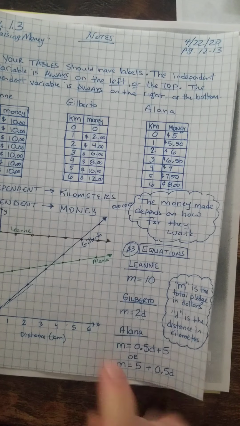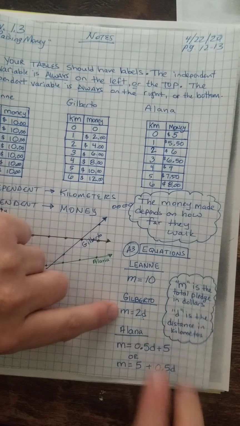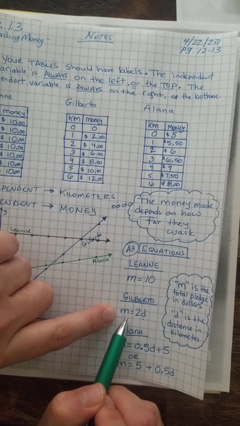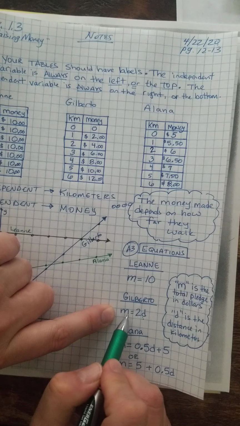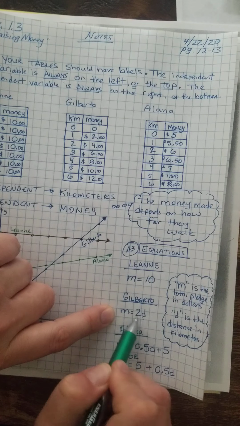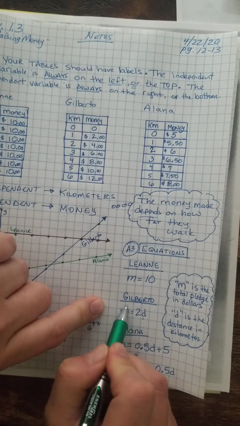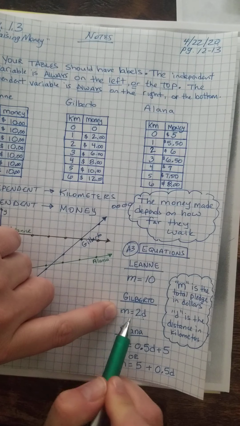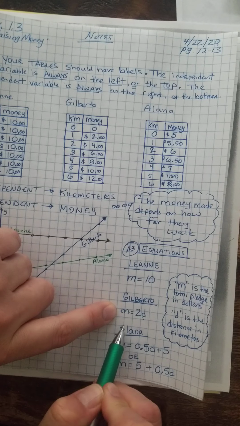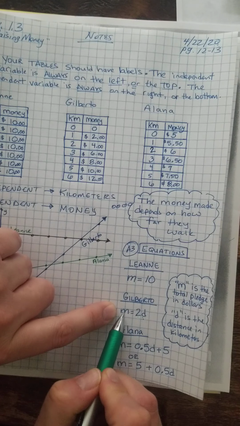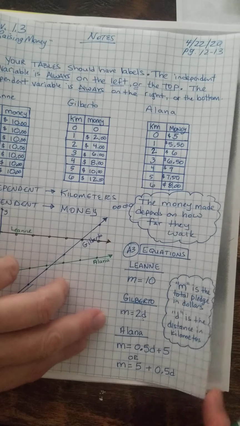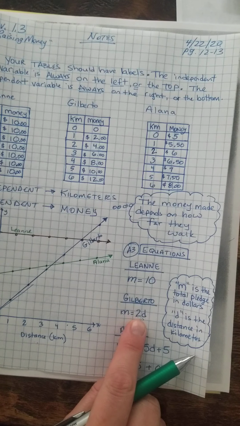So if I know how much money he made, I can plug in, let's say he made $16, since he's making it per kilometer. I could plug in 16 to M, and then I can solve for D like a river problem. So 16 equals 2D. I can divide by 2 on both sides, and I know that he would have walked 8 kilometers.